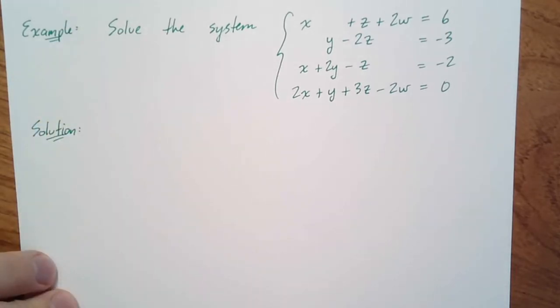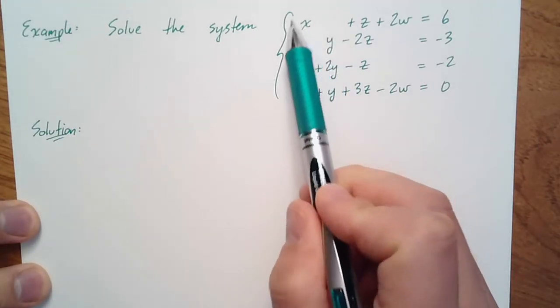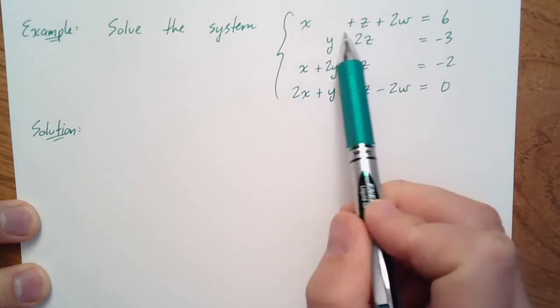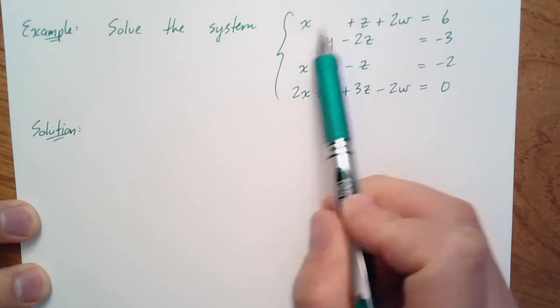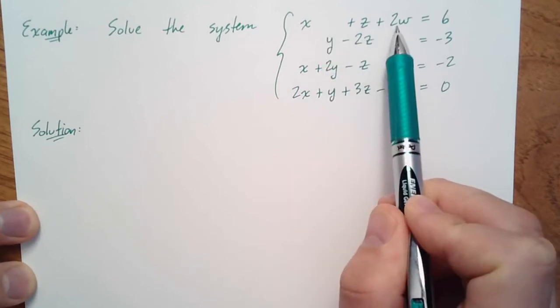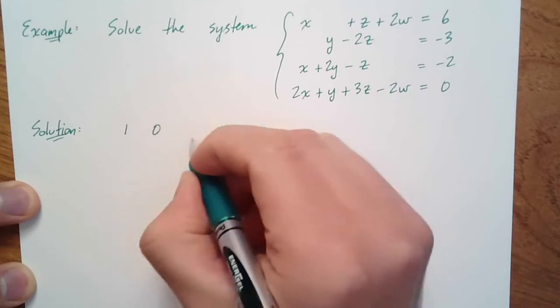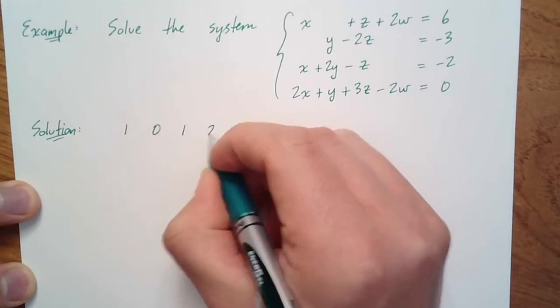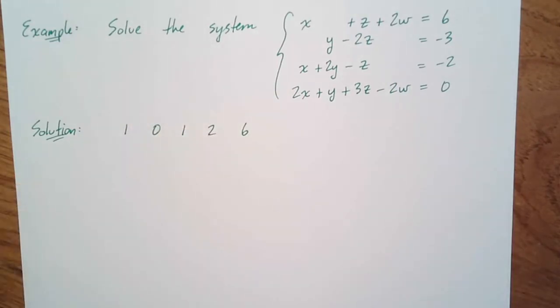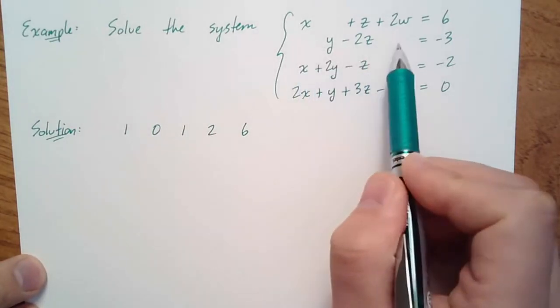Remember, that's just the coefficients and constant terms without the variable names. So the first equation, we've got an invisible 1 in front of the x and the z. There's a 0 because there's no y here, so it's 1x plus 0y plus 1z plus 2w equals 6, right? So this is going to be 1, 0, 1, 2, and 6 for the first row. Now our second row, we've got 0, 1, -2, and 0.